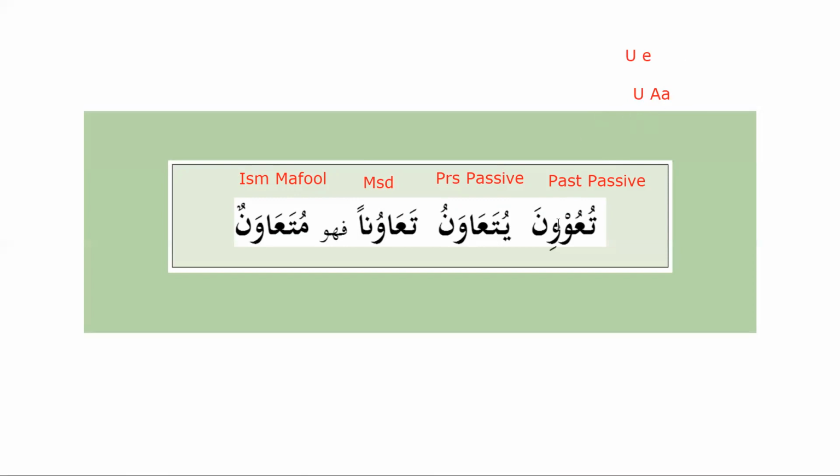That's why it's mabni on the pattern. So that's how the second line goes. Tu'uvina yuta'awanu ta'awunan fahuwa muta'awanun. Muta'awanun is maf'ul.